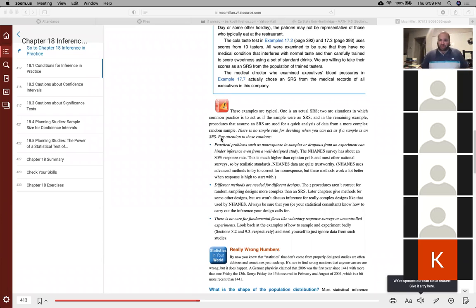Assume it's an SRS. Presume it's an SRS. Suppose it's an SRS. Whatever word they want to use. But in real life, the question is, how do you really know if it's an SRS? If condition number one is you can only use these formulas if it's an SRS, how do you know if it's an SRS? So there's no simple rule.